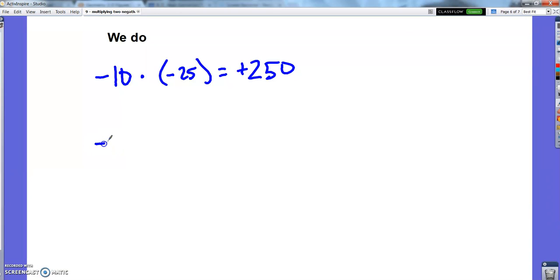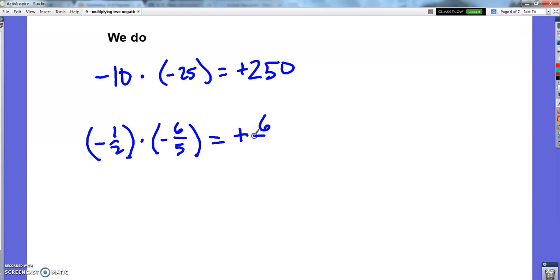Works with fractions, negative 1/2 times negative 6/5. I'm just making one up. Negative times a negative is going to be a positive number, and I can use my fraction multiplication algorithm after. I don't have to deal with my signs anymore. 1 times 6 is 6. 2 times 5 is 10.